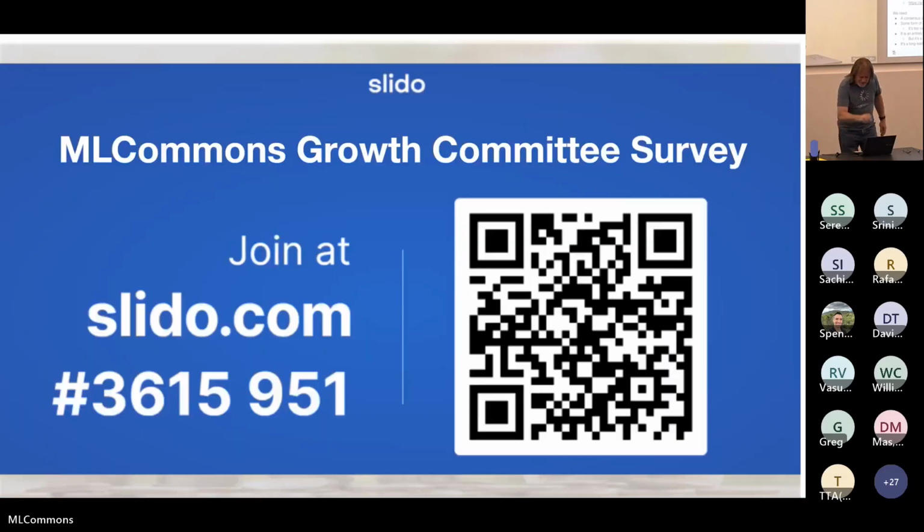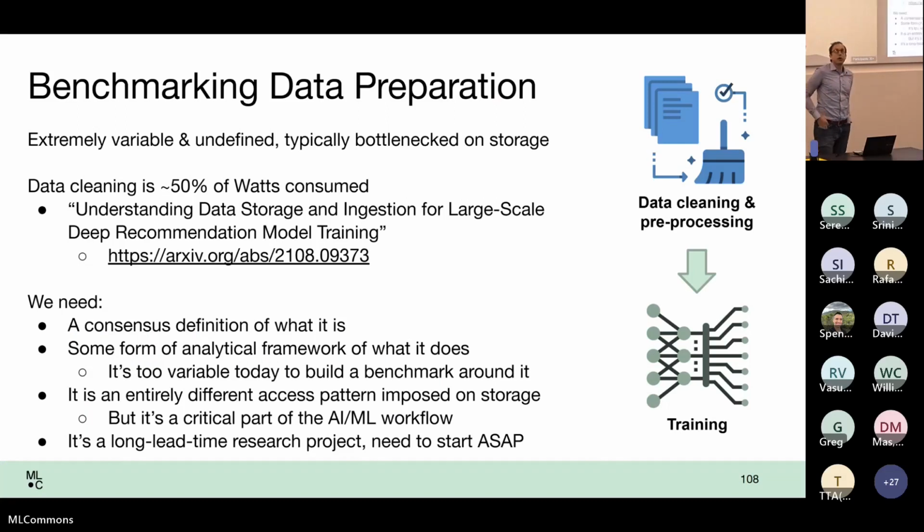I think one thing, again, setting context here for folks around MLPerf Storage: the MLPerf training benchmarks really start with data in host storage, that is, node-local storage.